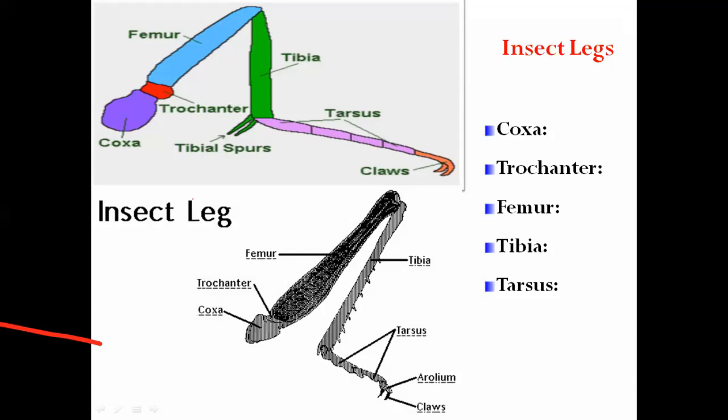Already I explained this. However, certain immature insects have only abdominal legs. Insect legs are very important for adaptation, migration, locomotion and various activities.